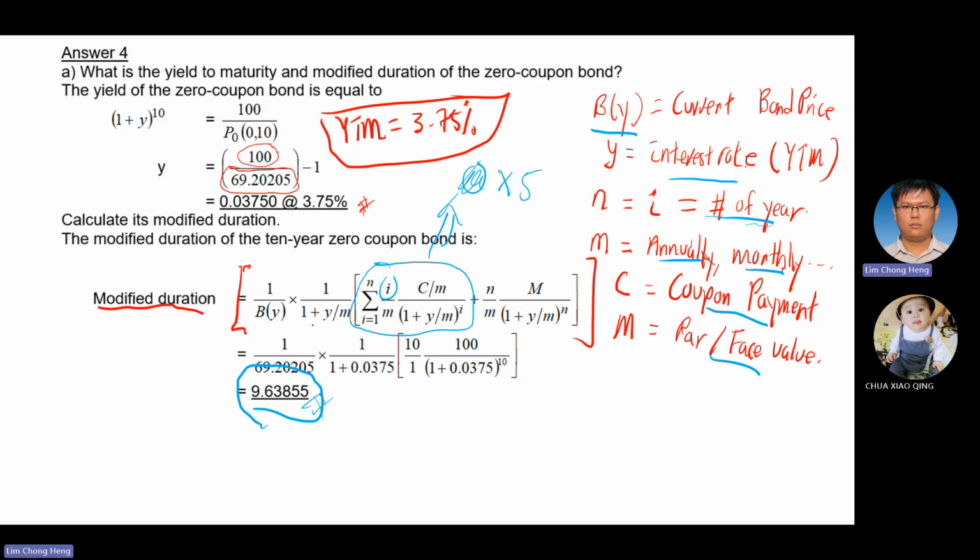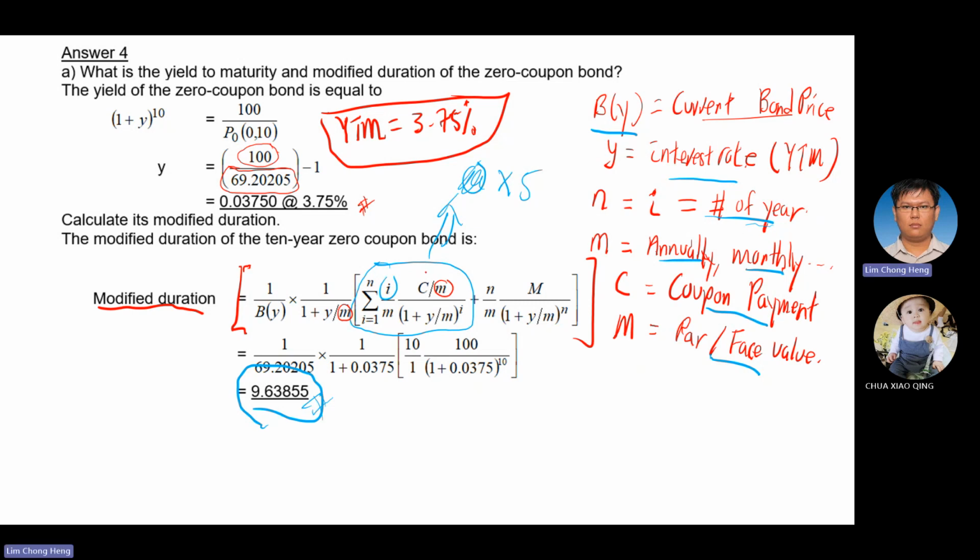1 divided by B, where B here is the current bond price. Y here is the interest rate, or we call it the YTM. The N and the small letter i are the number of years, and small letter m is the frequency, either compounded annually, monthly, or otherwise.